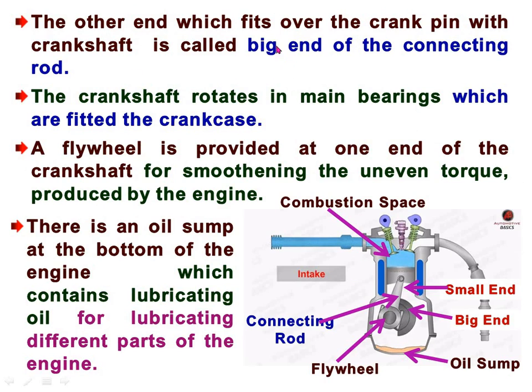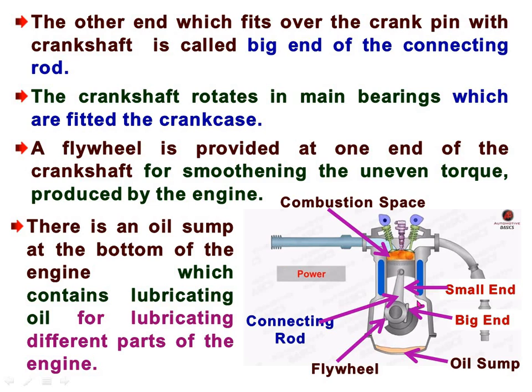The other end which fits over the crank pin with the crankshaft is called the big end of the connecting rod. See here, the opposite end of the connecting rod is fit with the crankshaft. So this end is called the big end of the connecting rod. The crankshaft rotates in the main bearings which are fitted in the crankcase.